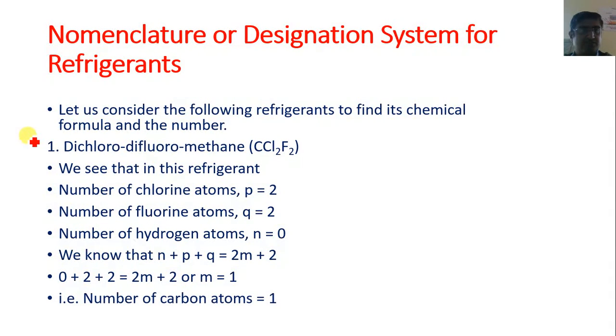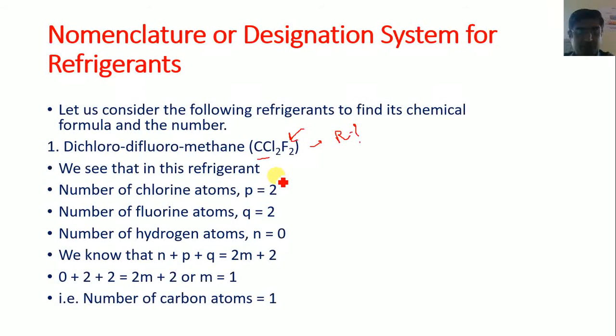Let us consider the following refrigerants to find their chemical formulas and numbers. The first one is dichlorodifluoromethane, CCl2F2. If you want to find the value of CCl2F2 in the form of R, how can we find it? First of all, we have to find the values of p, q, n and m.